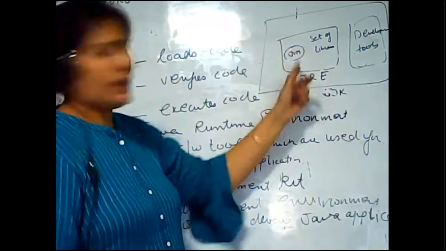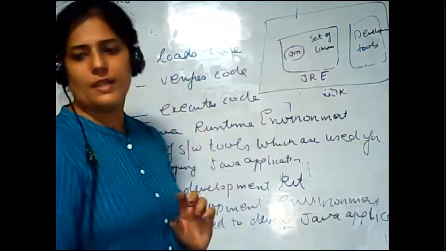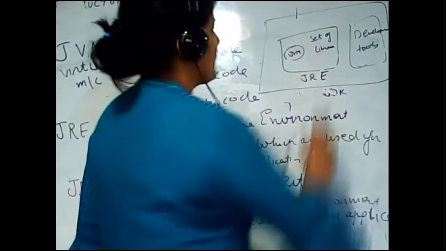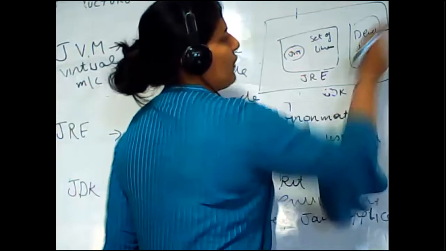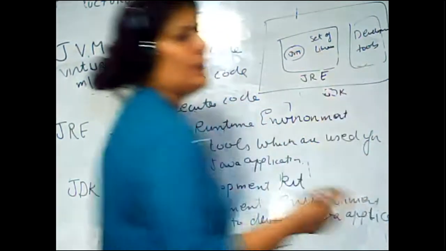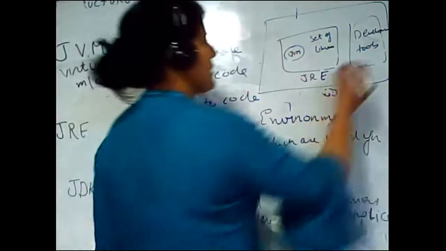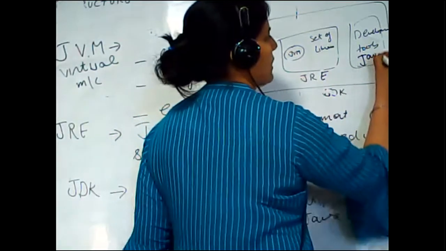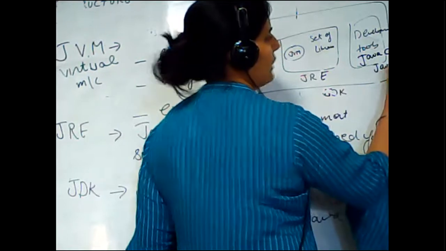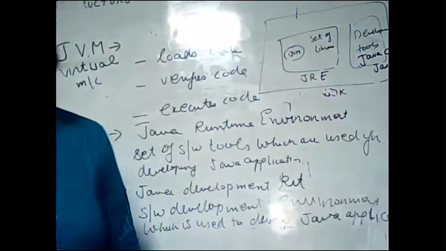Also, this will consist of different development tools. As I am running my program in the command prompt, I will be using tools like javac for compilation, and java for the execution.